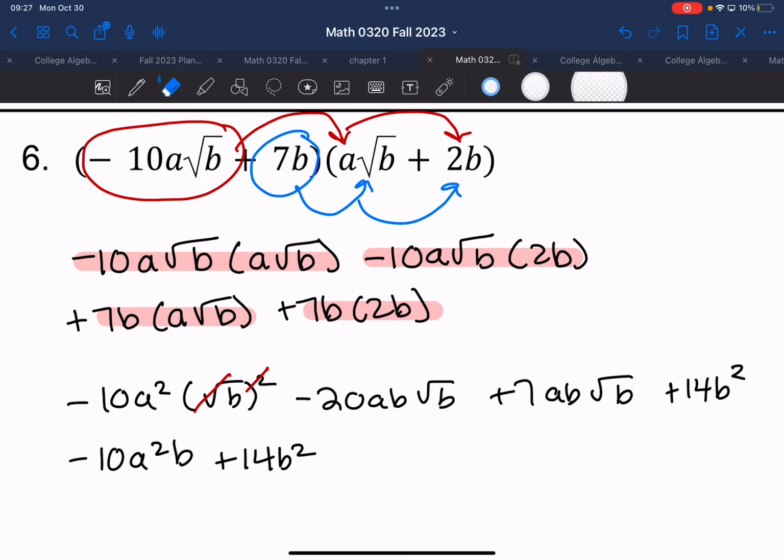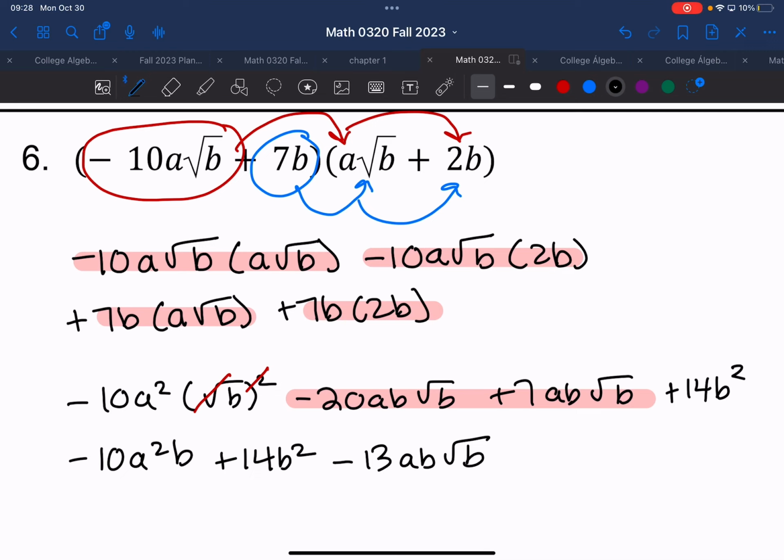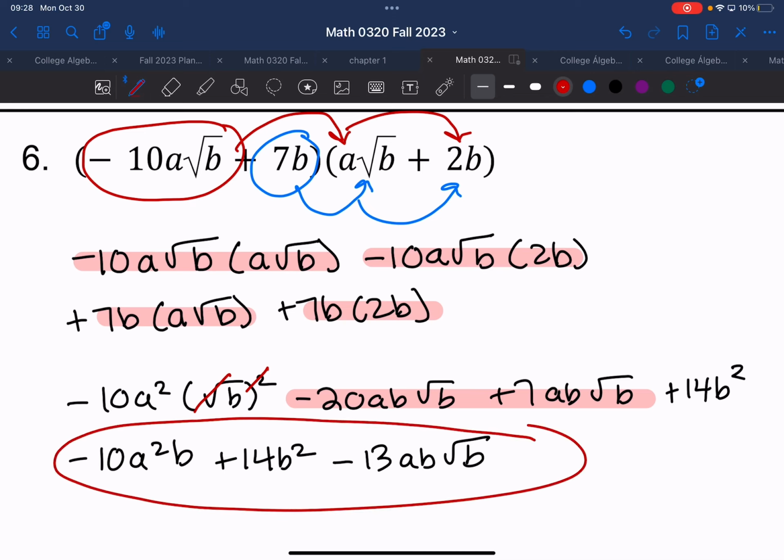And then looking at these terms here, they both have that b squared, they both have the index 2, and they both have variables a, b. So I would just do negative 20 plus 7, which is negative 13ab square roots of b. Okay? This is my answer, because I can't simplify any further.